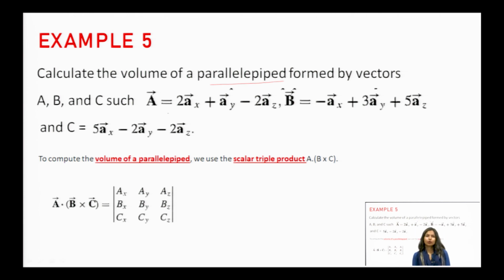Scalar triple product is nothing but the dot product of one vector with the cross product of the other two vectors.